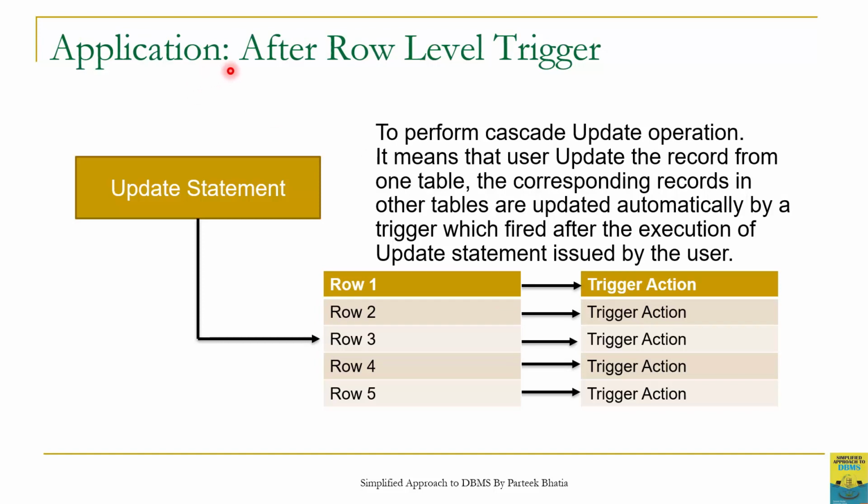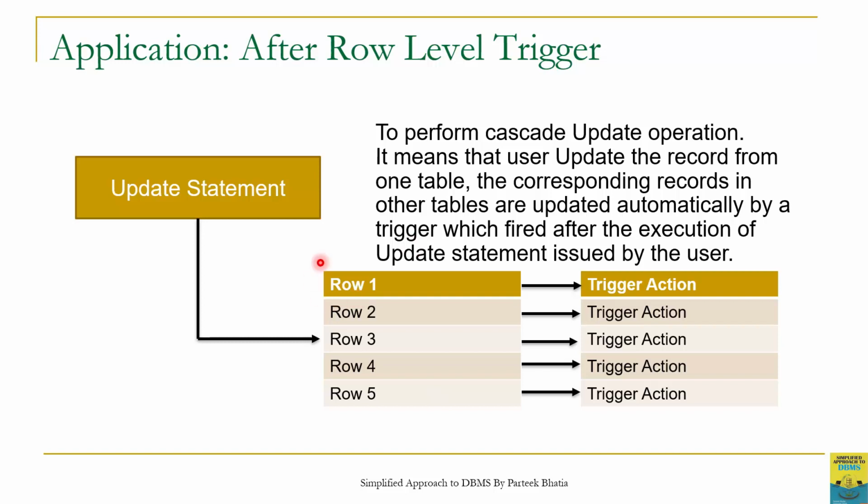Let us consider an application of the after row level trigger. Let's suppose we wish to perform a cascade update operation. It means when the user updates a record in one table, the corresponding records in the other table are updated automatically by the trigger.